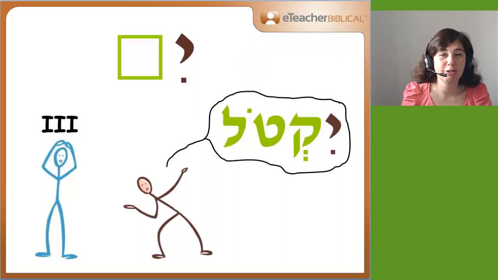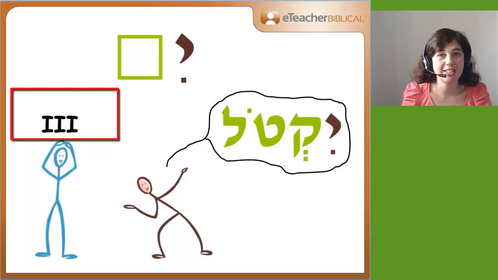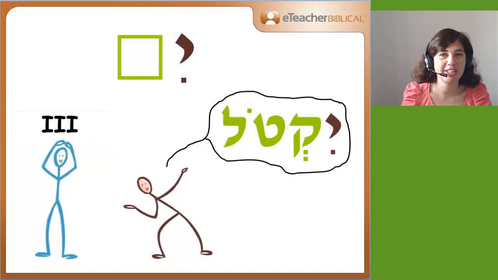The yiqtol is the form for third masculine singular, and as in all the conjugations, it gives the name of the conjugation, yiqtol.